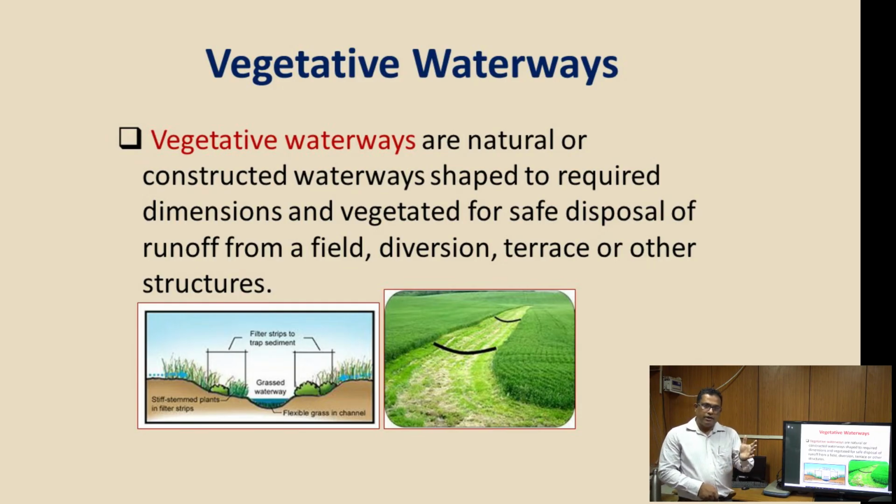Because on the bed we plant certain types of erosion-resisting grasses, so that the resistance to flow can be increased. The basic purpose of soil conservation or water erosion control is to reduce the velocity to a non-erosive velocity, and this is accomplished by the grassed waterway.